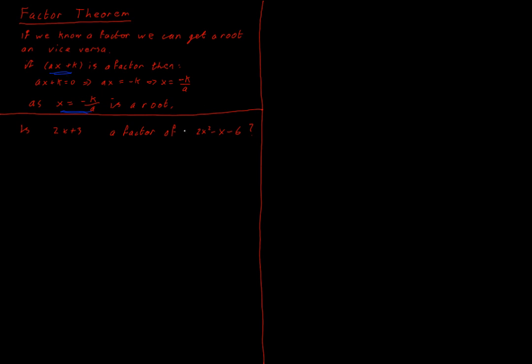to practice it by saying, if this is a factor, we should be able to set it equal to 0 and find the root. And if we sub that value of x into our quadratic, we must get y equals 0 out at the end.